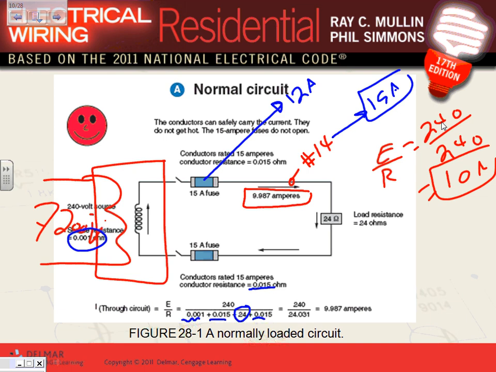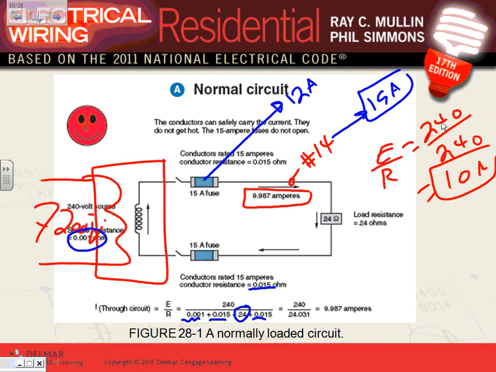Any question about this? This is very important, guys, to understand the 5 conditions of a circuit. So, Phil, my friend, 99% of the time, if you take the 240 divided by 24, you get 10 amps. That's great. What did we do then?